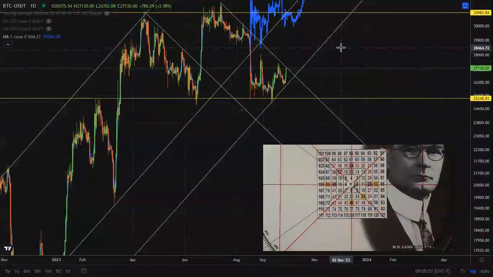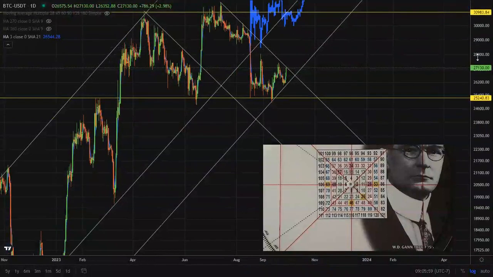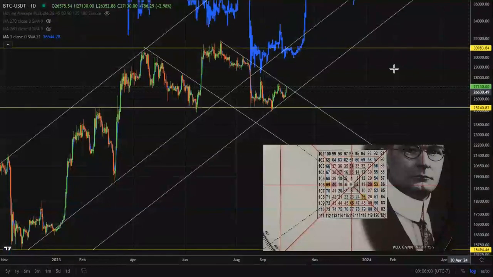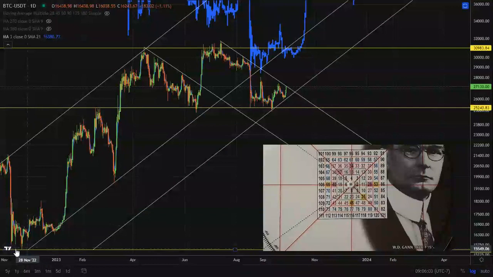As you can see, I'm just going to bring this into better view here. We've drawn our angles up from the bottoms here, and they're consistent with our swing bottoms. We've just passed through these.